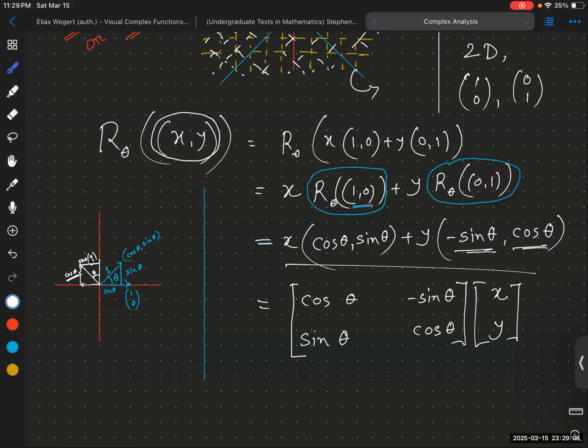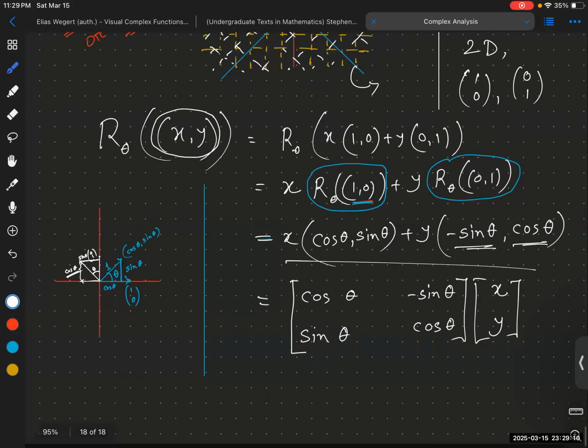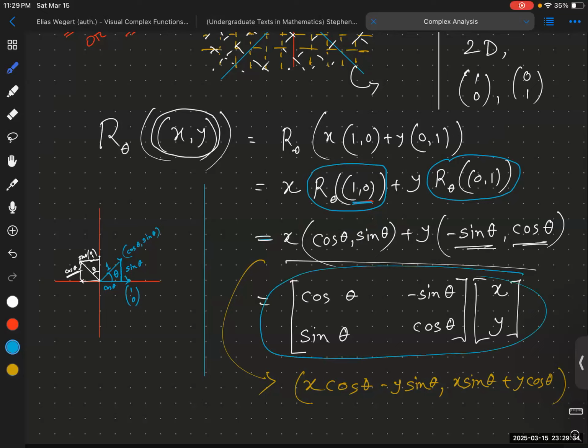Okay, that basically came from an intermediate form, that is x cos theta minus y sine theta comma x sine theta plus y cos theta. Okay, so this came from this intermediate form. Basically, we get this matrix form from this part.